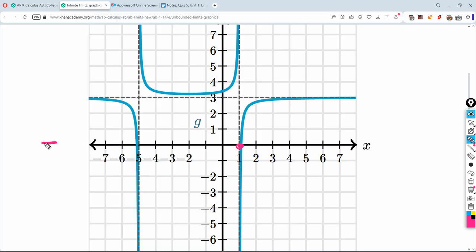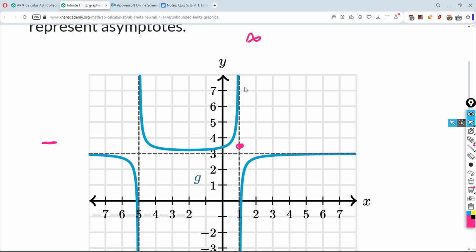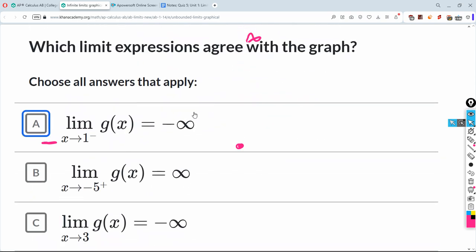We're approaching it from the negative side, all right, from this side. And where's the graph? Well, it's right here, and it's going up toward positive infinity. All right, at x equals 1, it's going to positive infinity. See that right here. All right, so they said negative infinity, so A is no good.